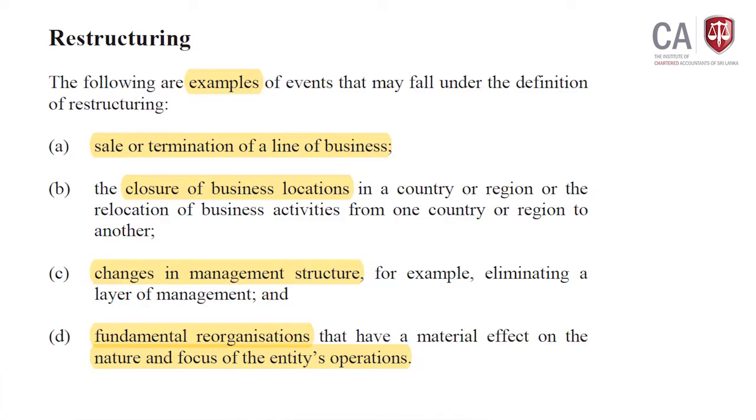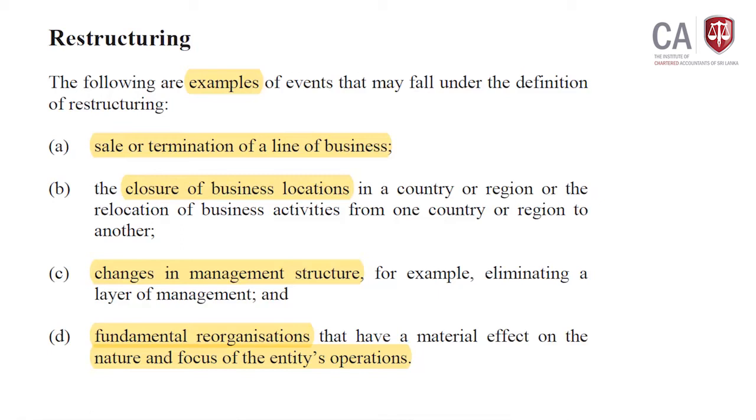Third one, change in the management structure. Example, eliminating a layer of management. Good example I can give you. Let's say in the organization structure you have managers, thereafter senior managers, thereafter deputy general managers, then general managers. The organization has taken a decision to remove one layer of management.